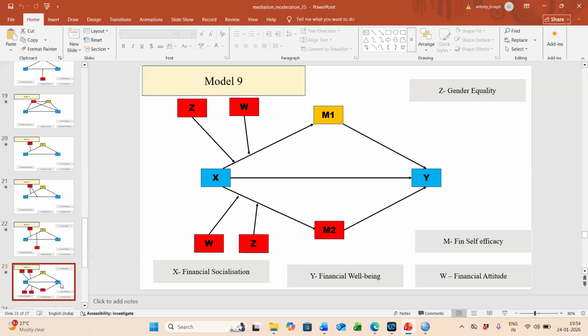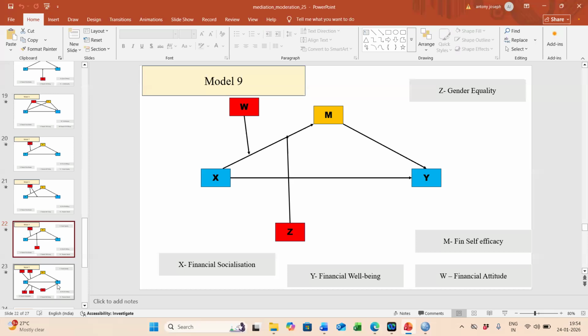Excuse me, sir, is this model 9? Actually, this is model... Okay, we can test it. No problem at all. If it is not model number 9, it will not work. We have already seen model number 9.